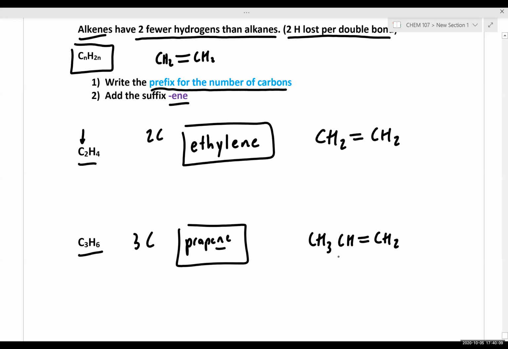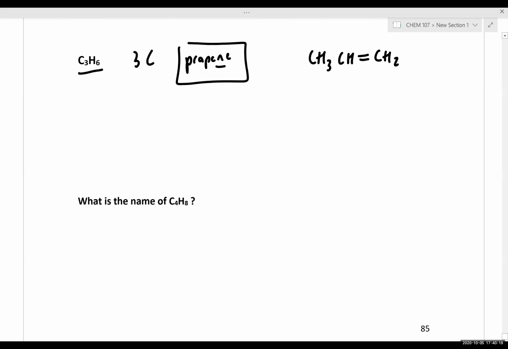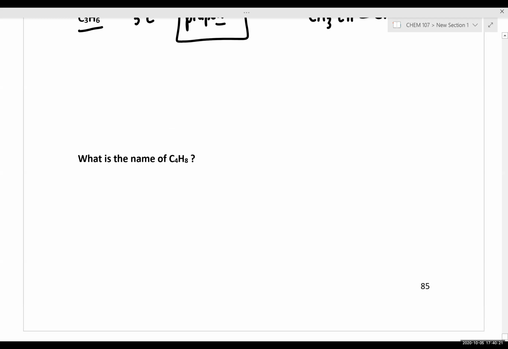Do the rules for naming alkenes make sense to everyone? To check, I'd like you to tell me, what is the name of C4H8? Would someone like to volunteer the name verbally or in the chat?